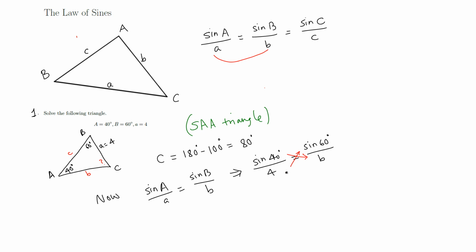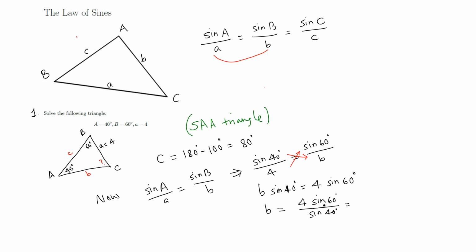So b times sine 40 is equal to 4 times sine 60 degrees. Now to isolate b, we divide both sides by sine 40, so b equals 4 sine 60 degrees divided by sine 40 degrees.